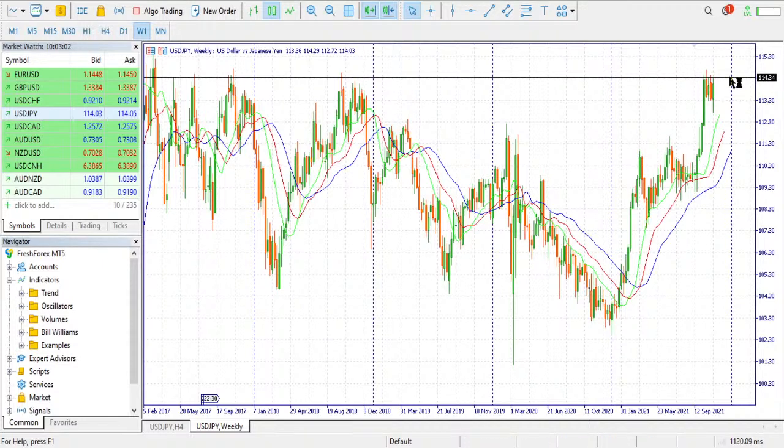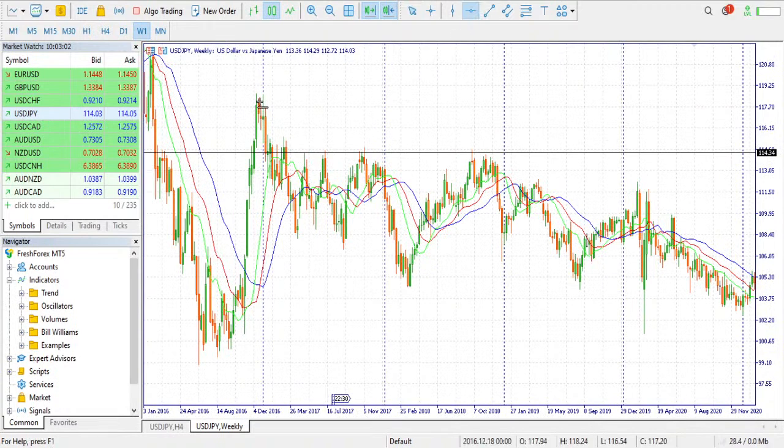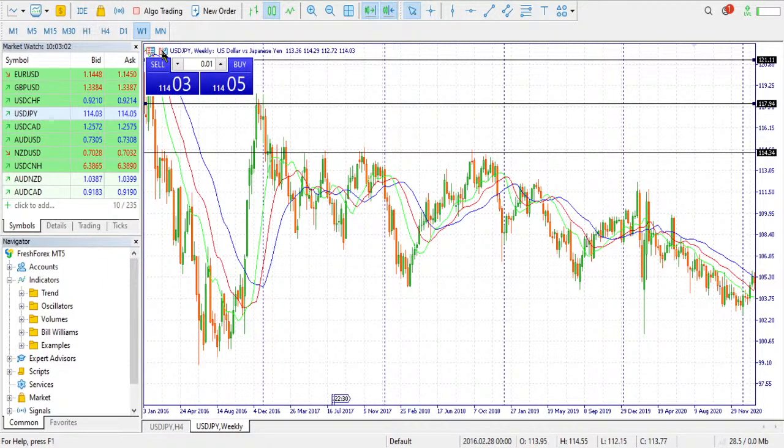So if the next week's candle opens somewhere maybe above this level or below it, but ends up closing above it, then that will be a sign that now we are continuing in that direction. So that may mean that the price is continuing higher, at least up to this point here. Then the next target is the one we have at the very top.